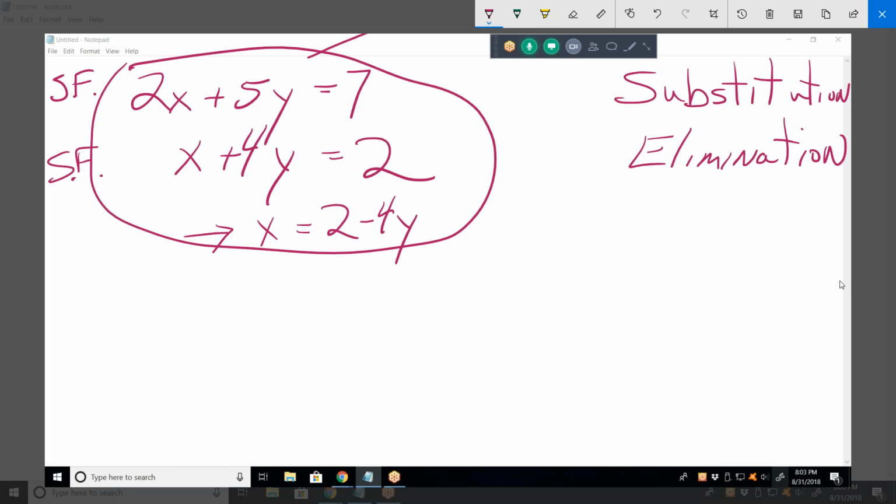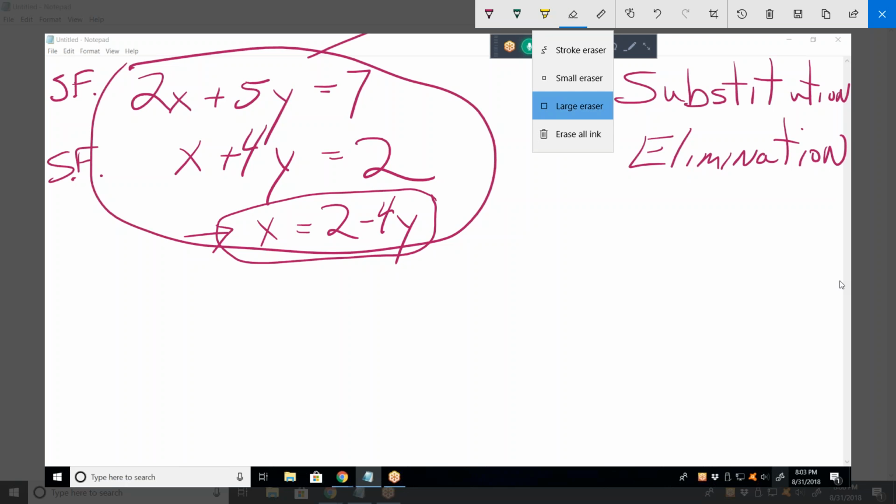Okay? So if they gave me a problem that had that as one of the equations, I would use substitution, always, 100% of the time. If they give me two equations that are in standard format, like they gave you, then I'm going to use elimination 100% of the time.